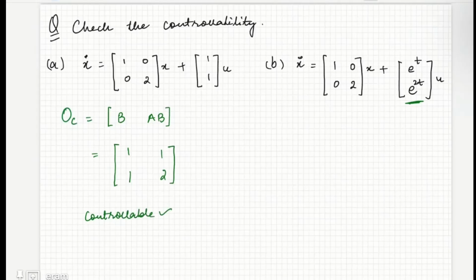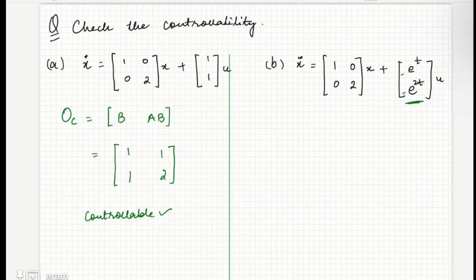Now what can we say about the second system? As you can see, the time varying matrix B of this system has values that are non-zero for all time, because the exponential function is never zero.